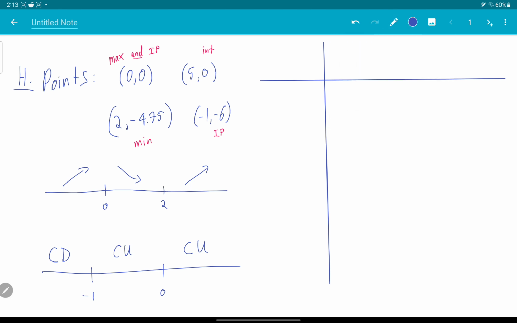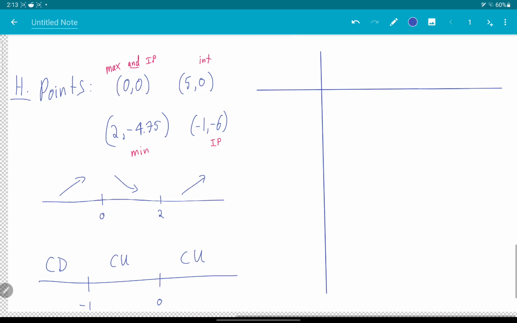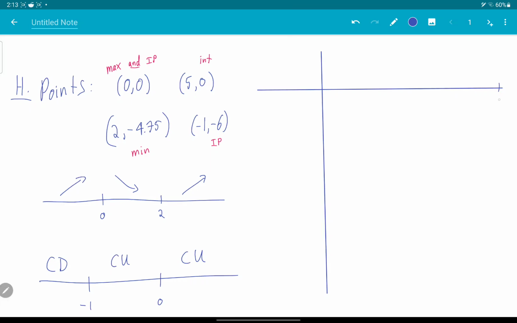And 2, we got a 5. So I'm going to try to put my 5 way over here. 5. That's tricky. 2, 3. Try to make this reasonable. Ooh, not too shabby. Not too shabby.